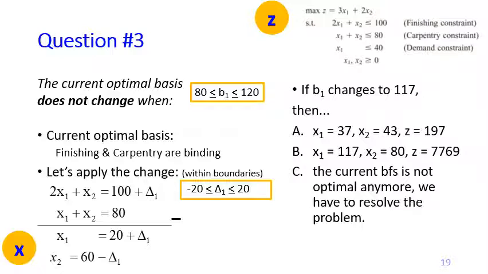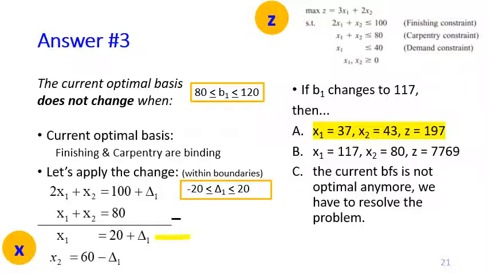Now if B1 changes to 117, then what are the values of x1, x2, and z? If B1 equals 117, it means that delta 1 equals 17.